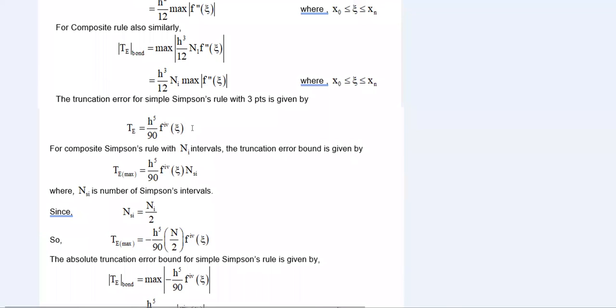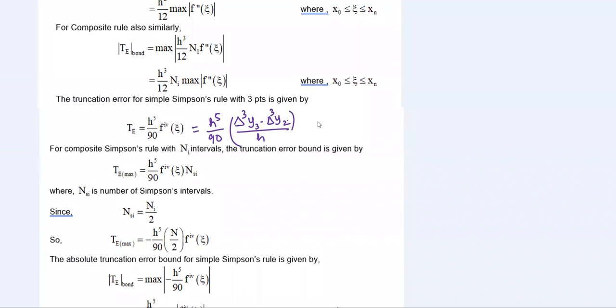The fourth derivative we will write like this, delta cube y3 minus delta cube y2 upon h.